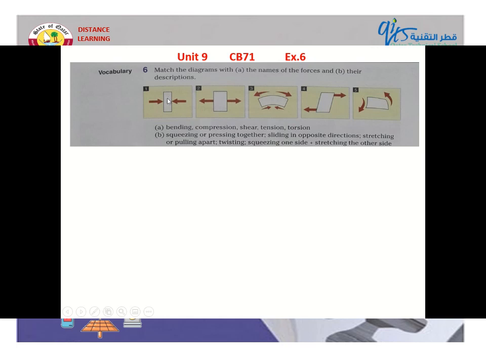First, we should match the diagrams to the names of the forces here: bending, compression, shear, tension, and torsion. Then we should match them to the description of the names of the forces here: squeezing or pressing together, sliding in opposite directions, stretching or pulling apart, twisting, and finally squeezing one side and stretching the other side.